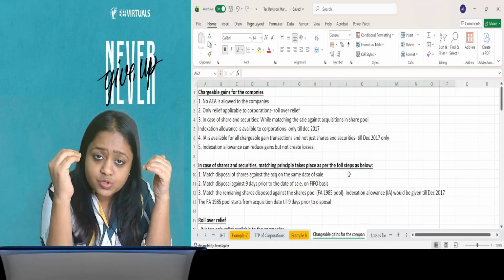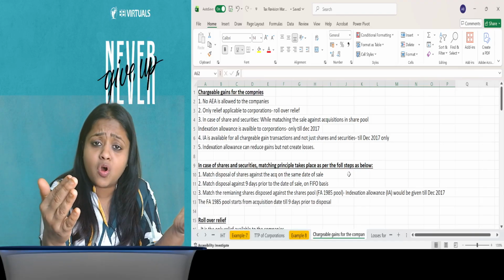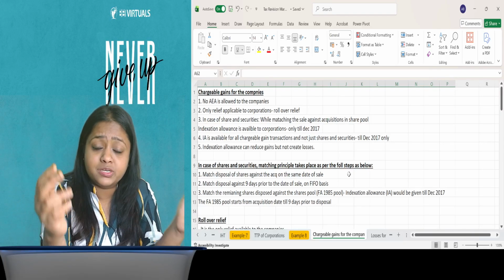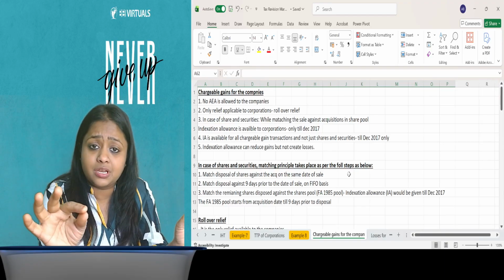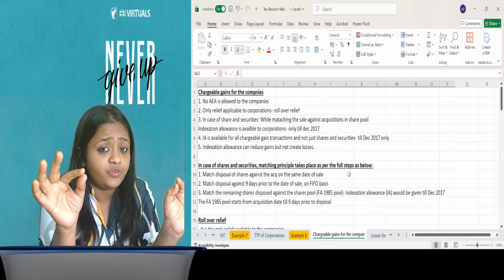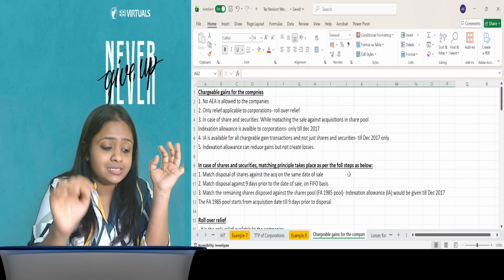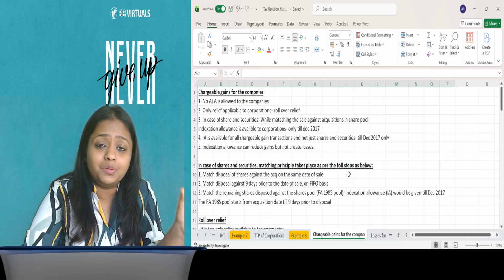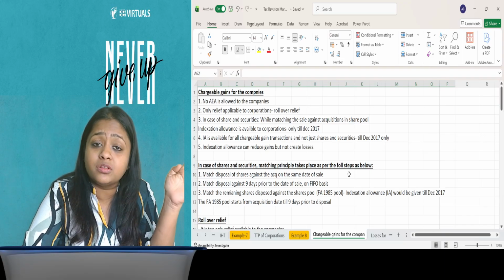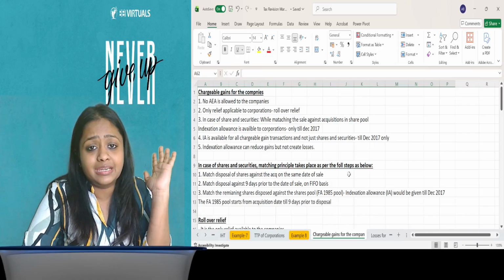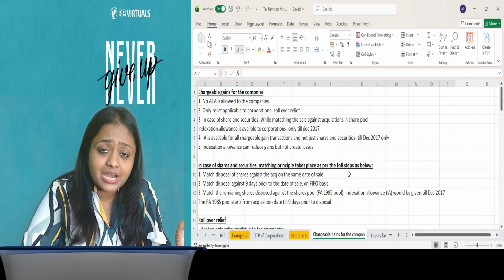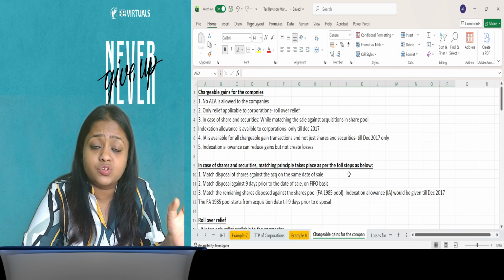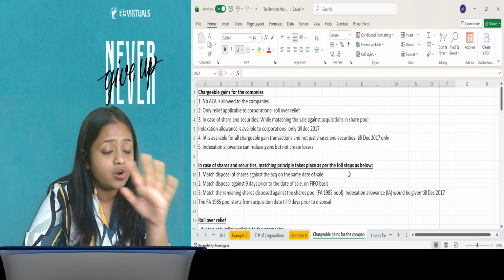So when you reduce cost, on the cost or on the capital improvements, you will calculate indexation allowance. That's just like taking an effect of inflation. What you will do is, indexation factor is going to be given to you. Just multiply on the cost and get the indexation done. And just understand that you will do the indexation allowance only till December 17 and not beyond it.